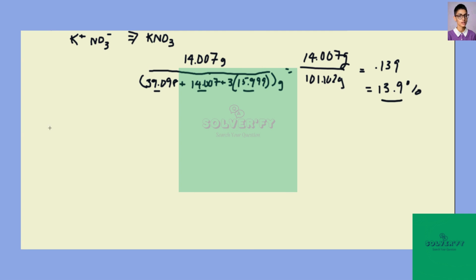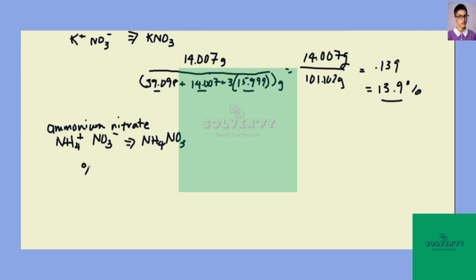Similarly, we have a compound, ammonium nitrate. Ammonium nitrate is made up of the ammonium ion, NH4+, and the nitrate ion, NO3-. Again, a 1-to-1 ratio, so the formula is NH4NO3.